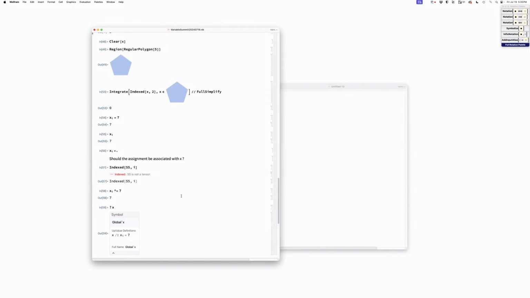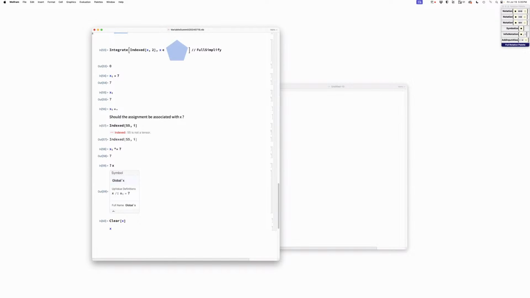And now if we clear x, then we'll clear that. I mean, of course, the problem is that if we did that, oops, what's going on here? It also gave an UpValue for i. Yeah. We should have used TagSet.